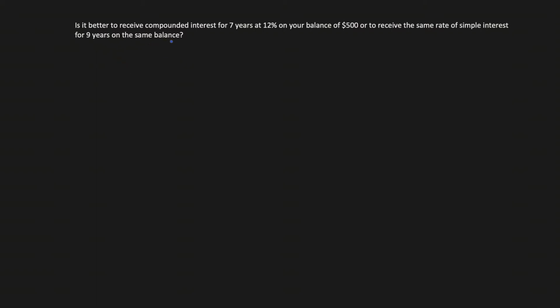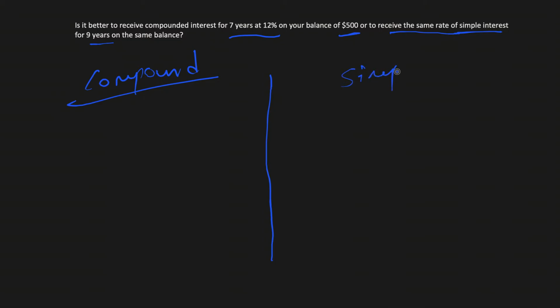So is it better to receive a compound interest for 7 years at 12% on the balance of $500, or to receive the same rate of simple interest for 9 years? So let's say on this side I will calculate compound, and on this side I will calculate simple.